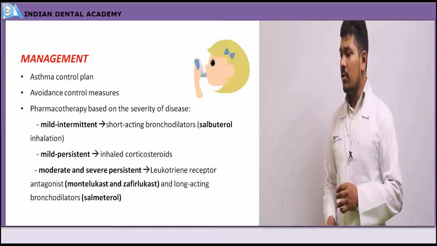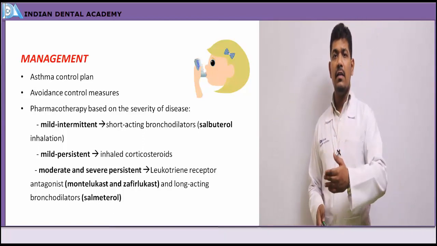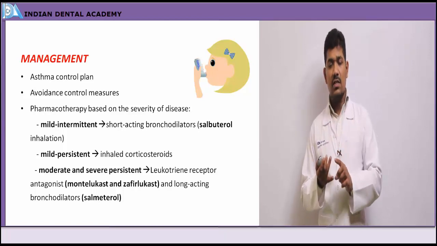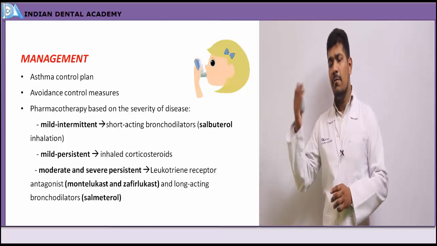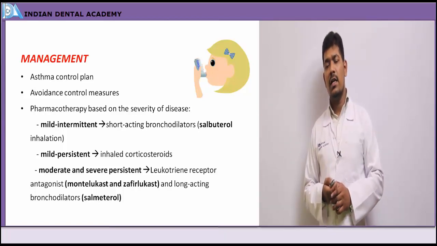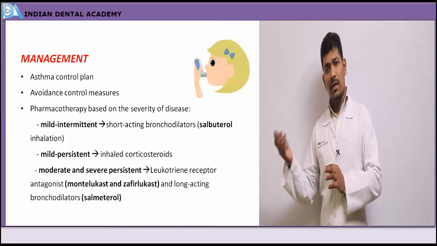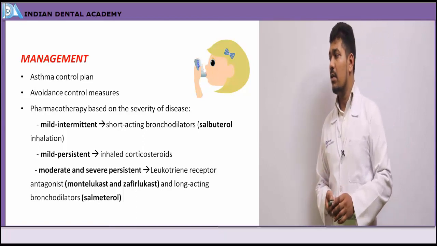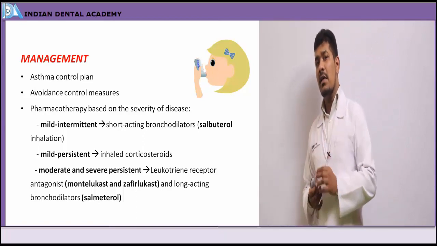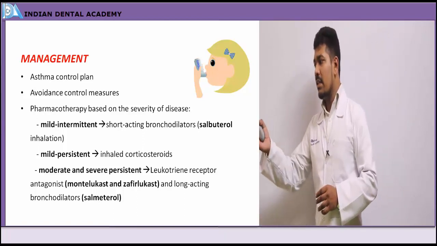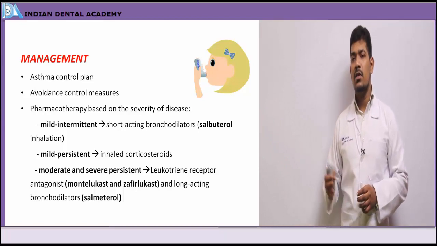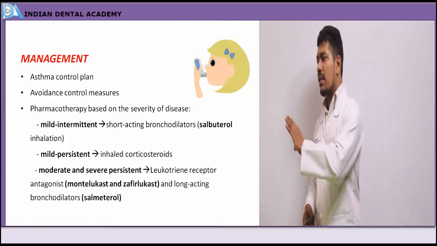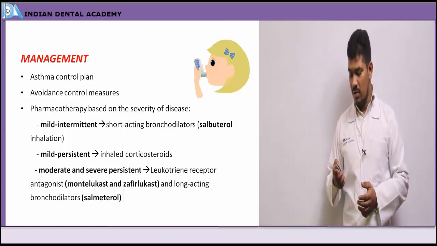The pharmacotherapy is basically divided into different categories. If it is mild intermittent, we give short acting bronchodilators. If it is moderate, we give inhaled corticosteroids. If it is moderate to severe or persistent asthma, then we give long acting bronchodilators, predominantly salmeterol, and leukotriene receptor antagonists.